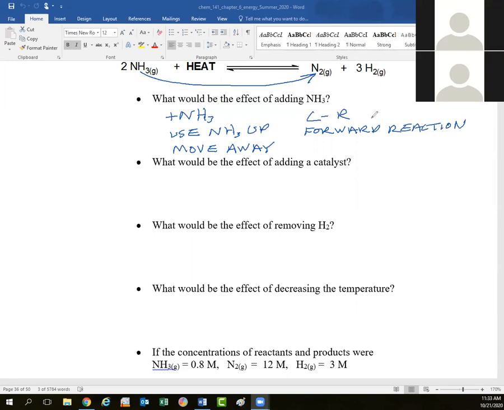Second question, what would be the effect of adding a catalyst? So we had talked about adding a catalyst. If we draw a quick energy diagram, improvise something anyway. So the heat term is on the left, so the forward reaction consumes heat.